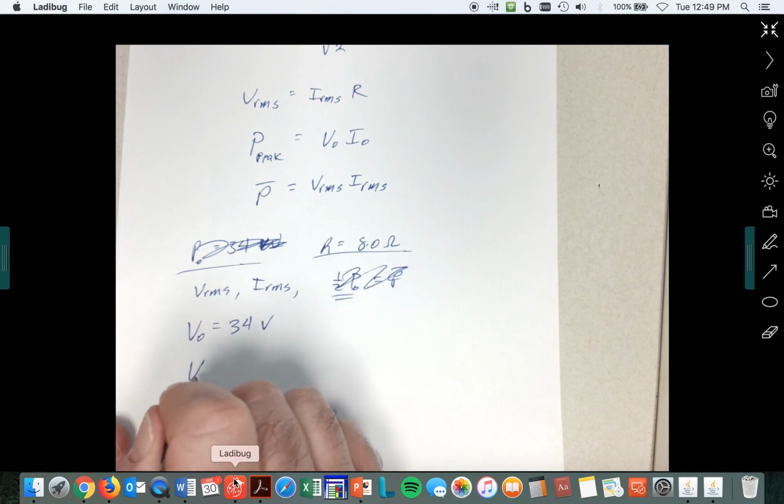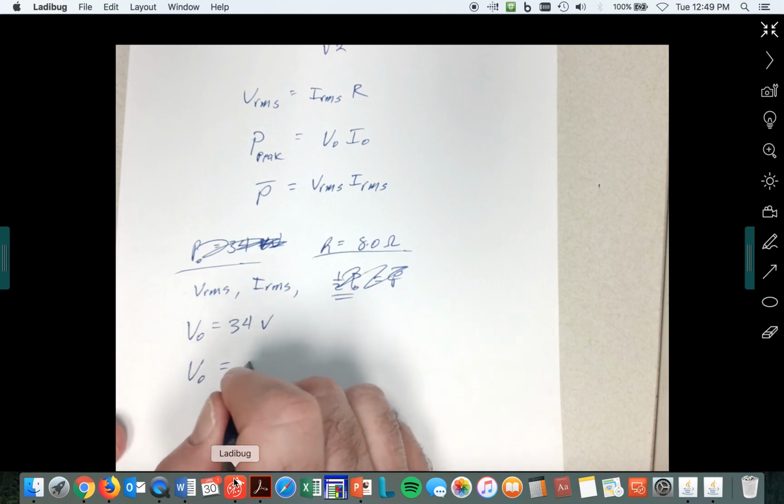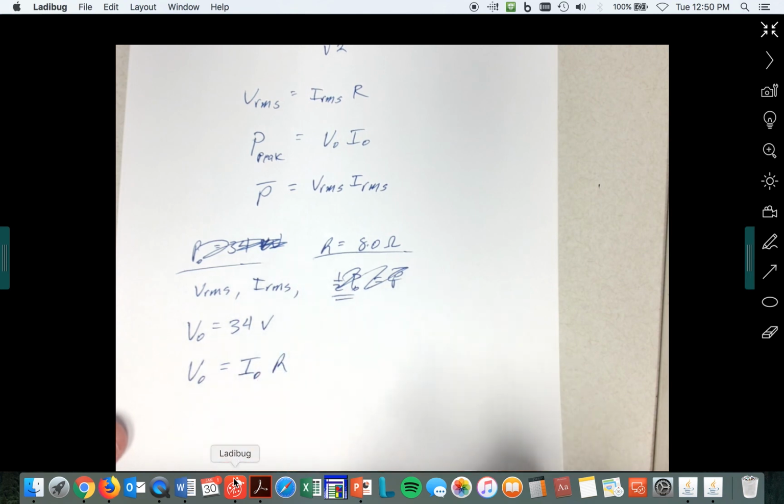We can figure out that I times 8 is my peak current too. In fact, we don't need to do that chapter. So 34 divided by 8 is equal to 4.25.